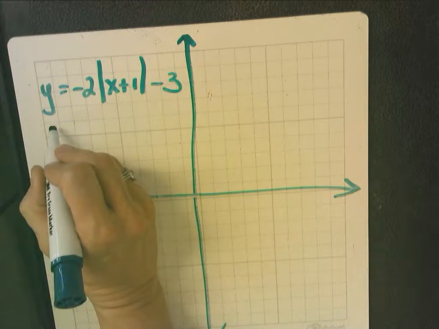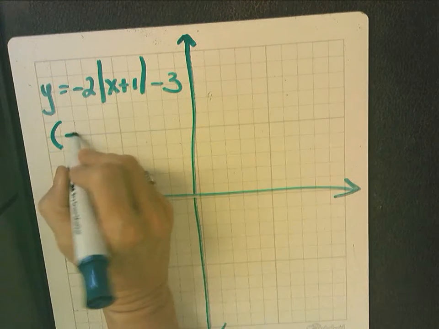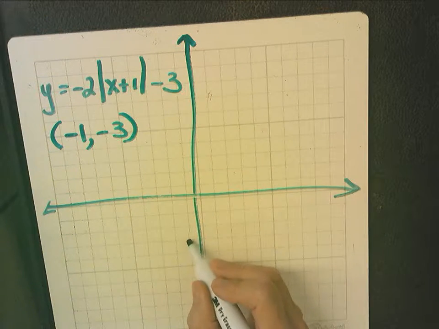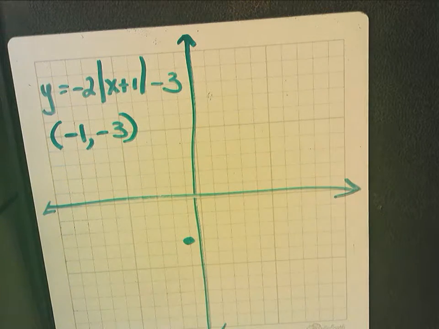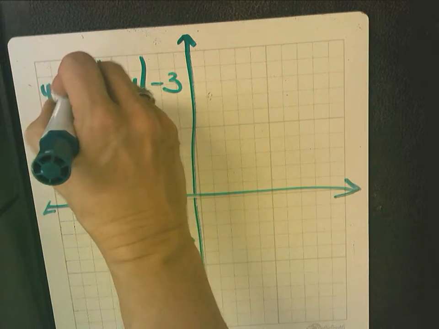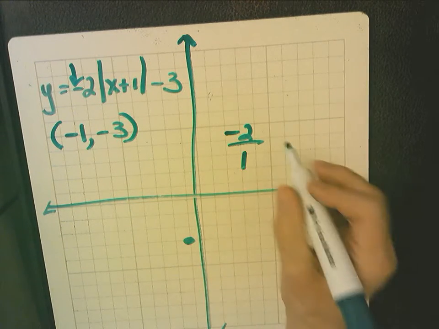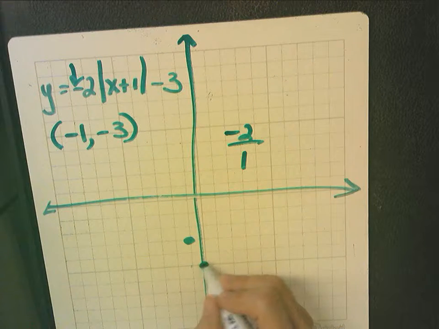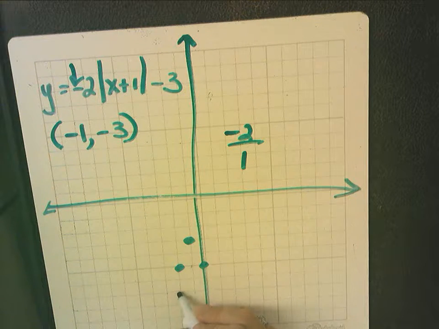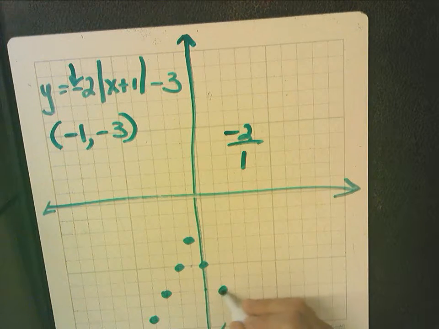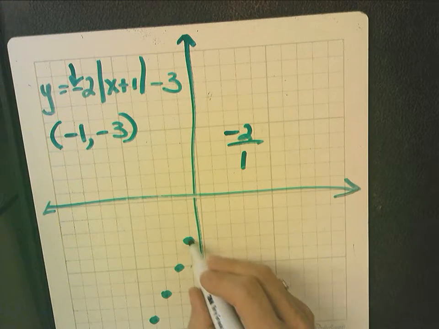My vertex is going to be (-1, -3). First thing I do is I go to (-1, -3). Then, since this is negative, I know I'm going to go down. So I rise -2 over 1. Go down 2 over 1, down 2 over 1, down 2 over 1, down 2 over 1.